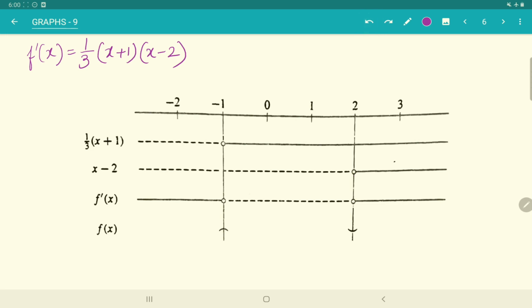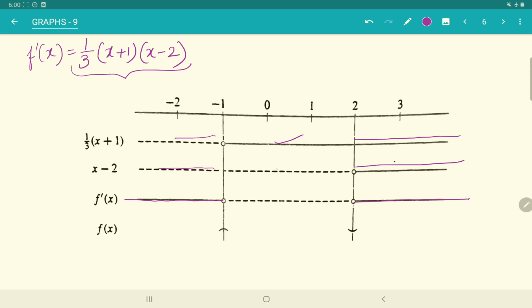So that's the case. And if we take up their product, you see that here you have positive, here it is positive. So if I take up f prime x, which is their product, this will be positive here, and it's negative here, so it's positive here.